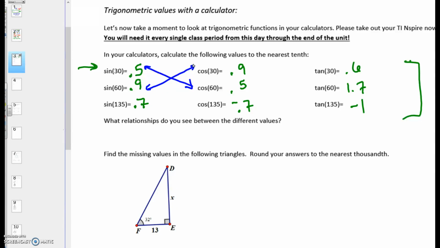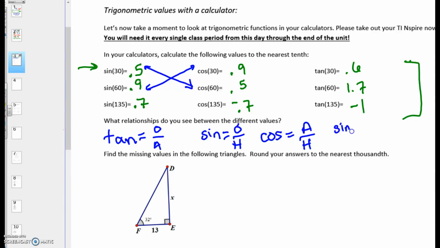And the tangent is actually, in the end, because tangent equals O over A, well, sine equals O over H, and cosine equals A over H. Well, if I do sine divided by cosine, that gets me O over H over A over H, which is O over H times H over A. Those cancel.